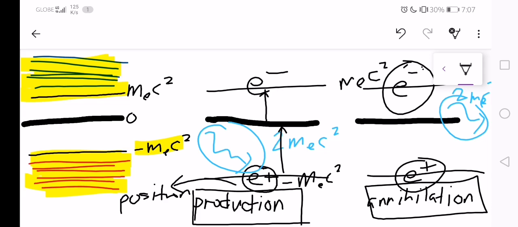This process is called annihilation, and it releases energy in this amount.